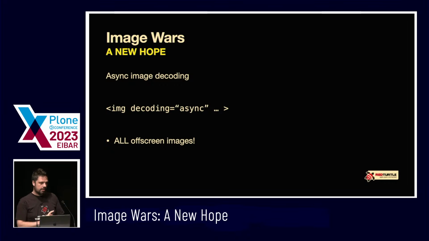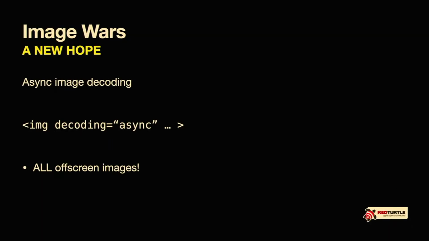If you read about decoding on the MDN website, it's suggested to do that for every image that's off screen. So that's why it's usually paired with lazy loading. And of course, the reason is the same. You don't want to delay decoding and showing images when it's above the fold, when it's the first images you have on your web page.